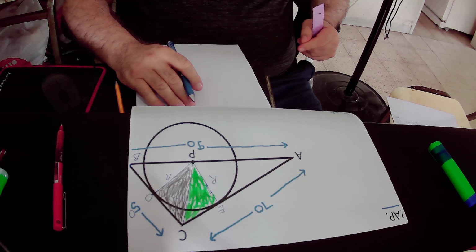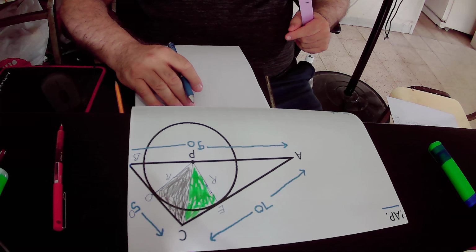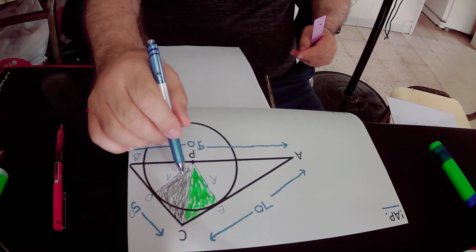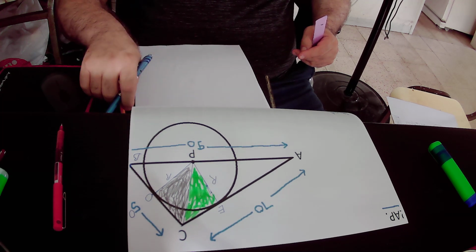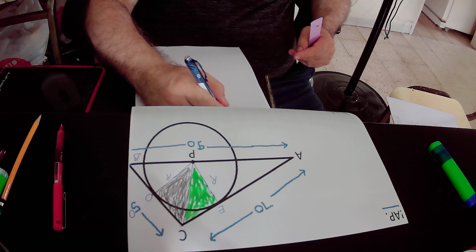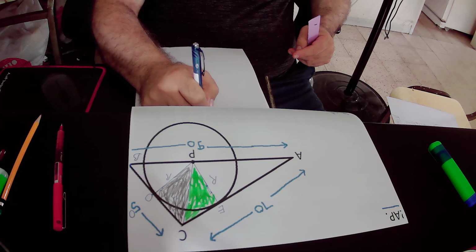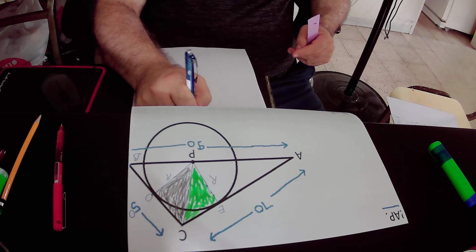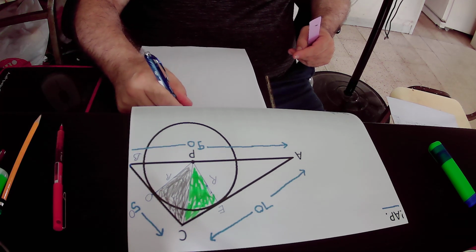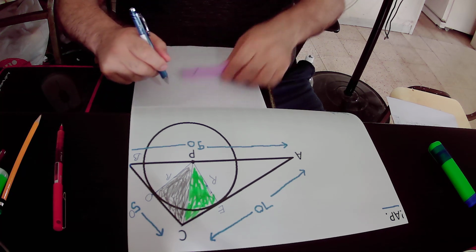So from the fact that the green triangle is congruent to the black triangle, we can deduce that angle PCE in the green triangle equals angle PCO in the black triangle.